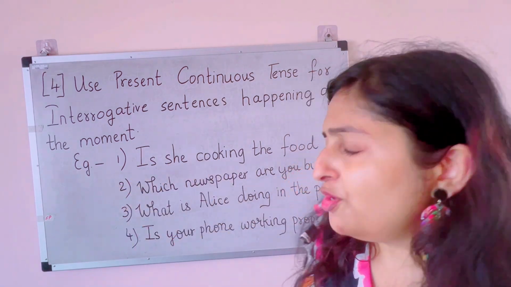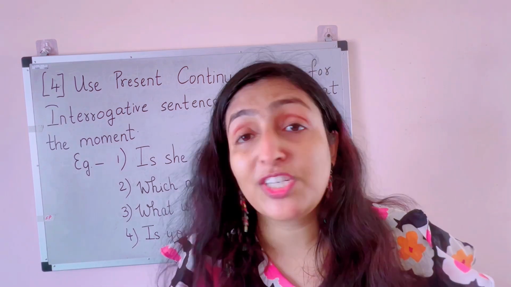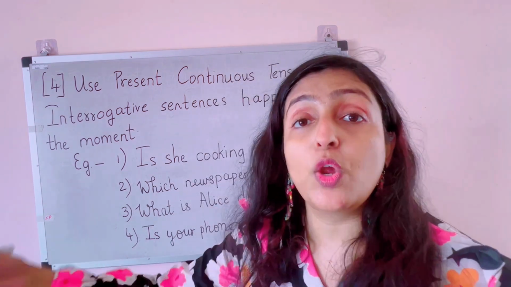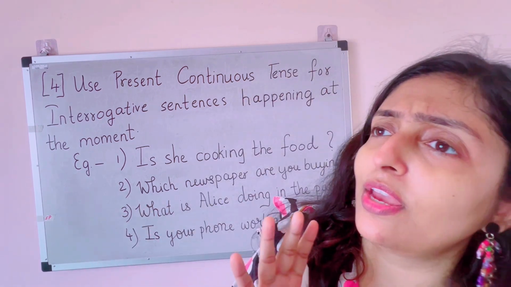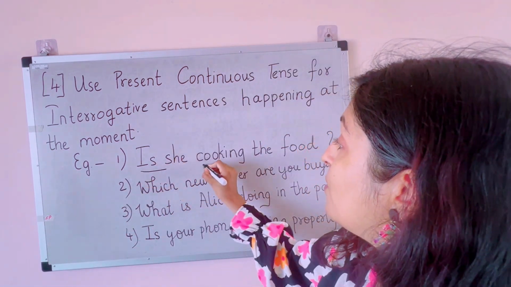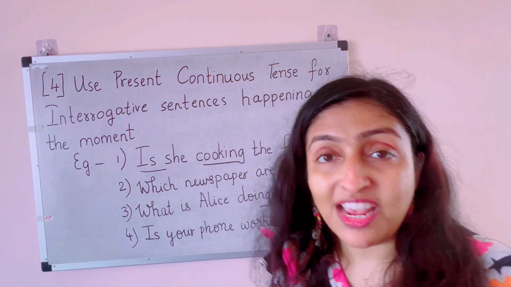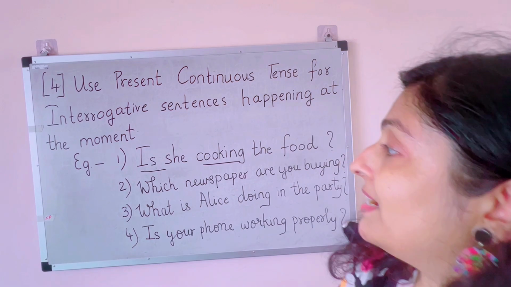Example 1, your friend comes to your home and you are nowhere to be seen, and your friend inquires, what is she doing? Is she cooking the food? Is she reading the book? In such scenarios, in such situations, we use present continuous tense.